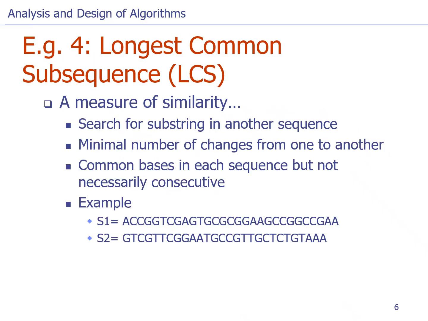Now, just to define the problem more accurately, what do we mean by longest common subsequence, or LCS as it's commonly abbreviated in the literature? We are looking for a sequence of these letters that we talked about, the A, C, G, and T, that are repeating, but not necessarily adjacent, in 2 given strings.